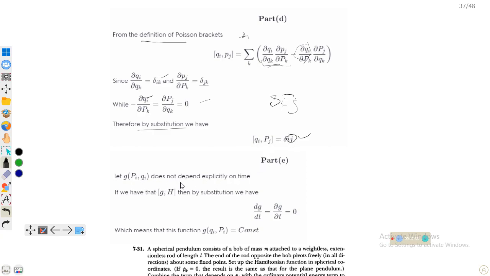And then part E: let G depend upon P and Q, and not depend explicitly on time.